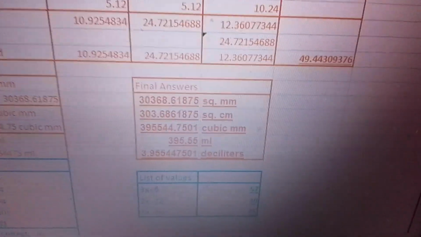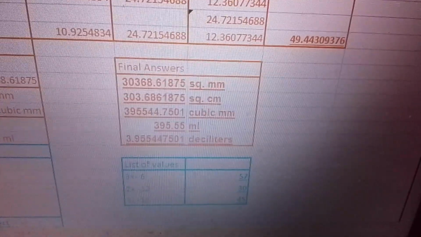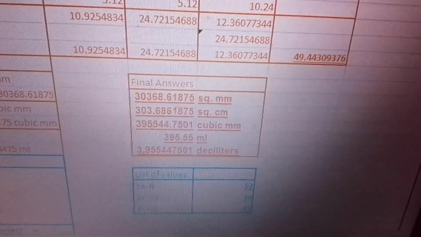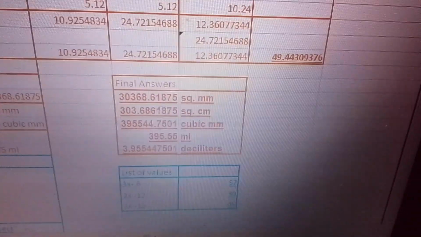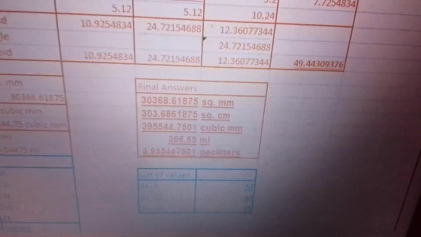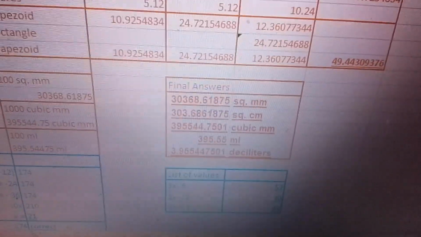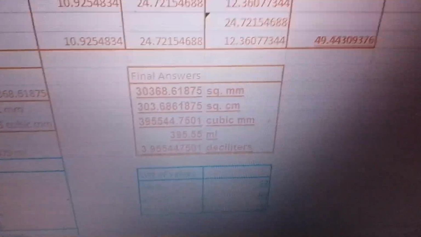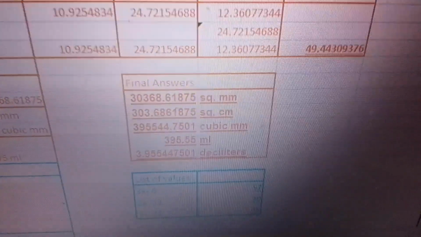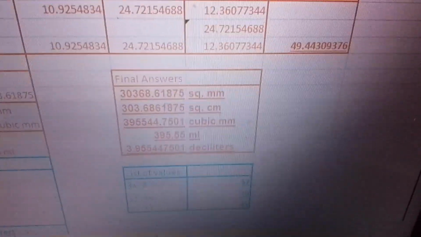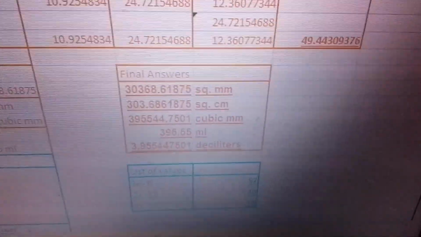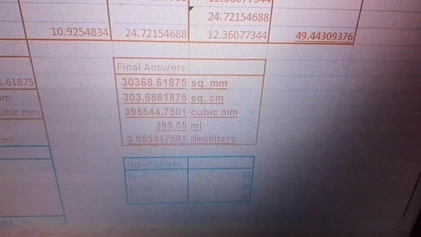Yes. Ang surface area ng octagonal prism ay 303.6861875. If it were in square millimeters, move the decimal point 2 places to the right. Tapos, ang volume, normally it's supposed to be 395.55 ml. That's the volume if it were in cubic centimeters.